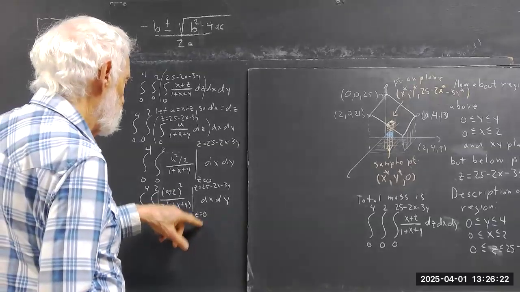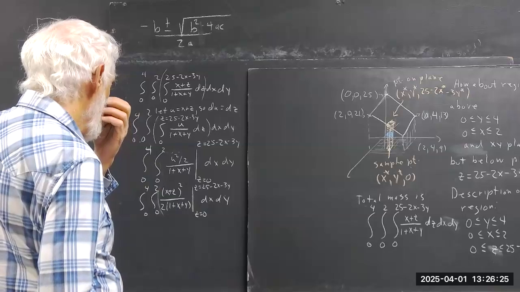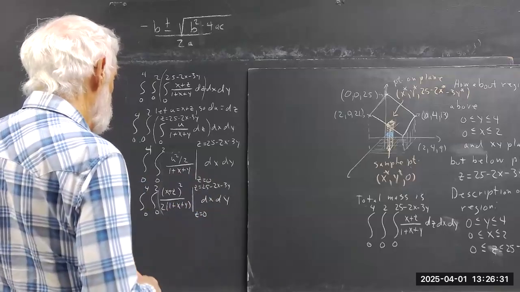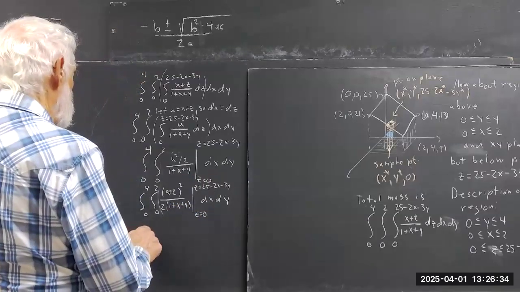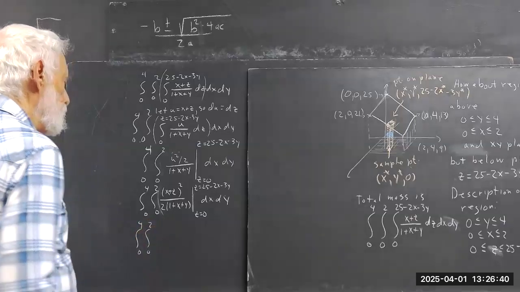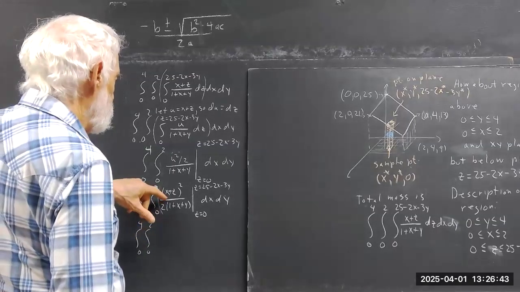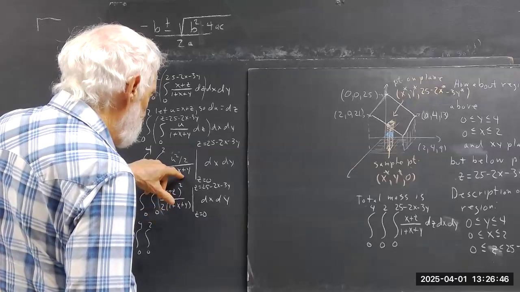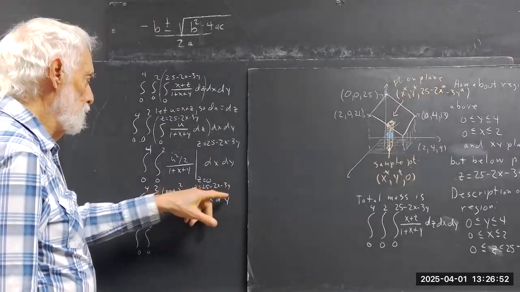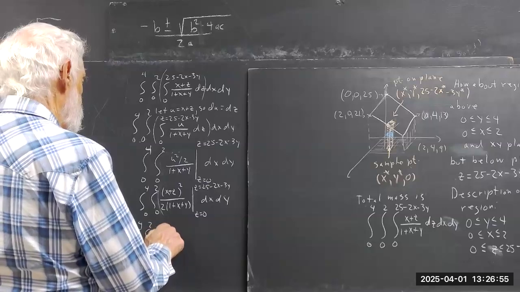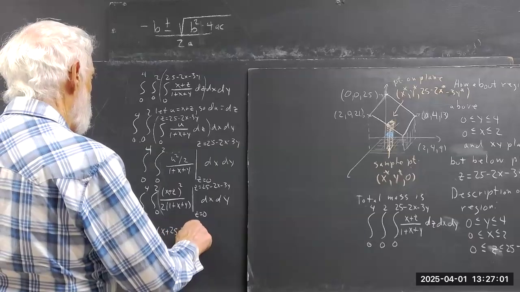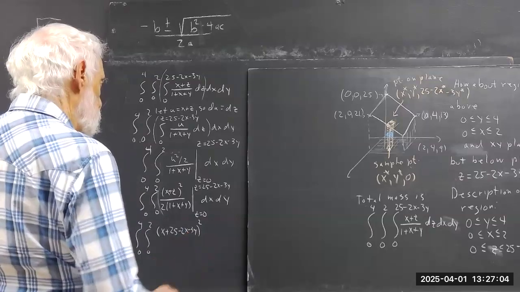But I'm still evaluating this from z equals 0 up to z equals 25 minus 2x minus 3y. Okay, what that is, then, the integral from 0 to 4, the integral from 0 to 2 of the quantity x plus z squared. Well, at the upper limit, z is going to be replaced by 25 minus 2x minus 3y, and all that's going to be squared.